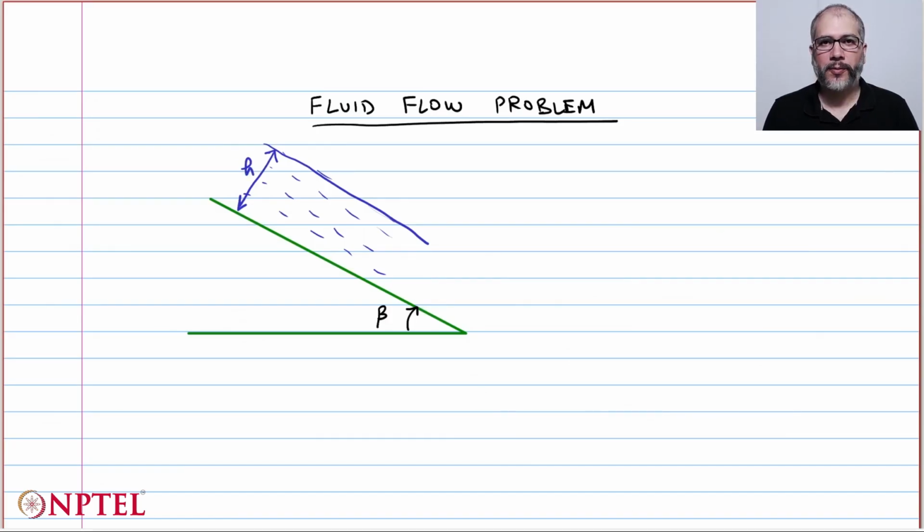So you can think of this as a mountain with the incline beta as the slope of the mountain, and there is some water flowing on the surface of the mountain in this case. The pressure on the top surface is P naught, which is the atmospheric pressure.